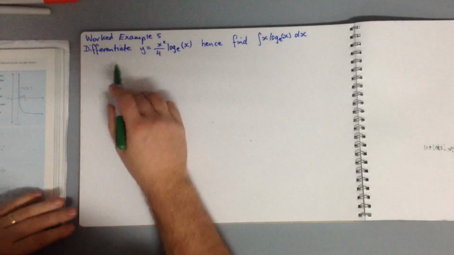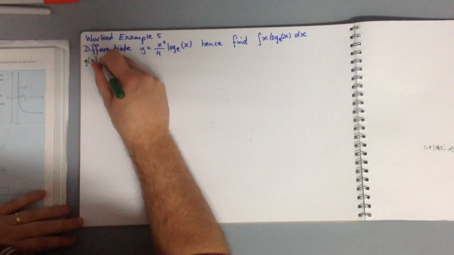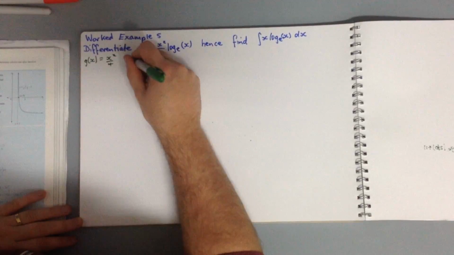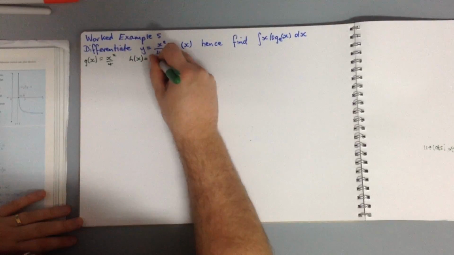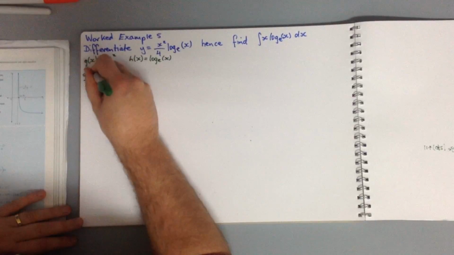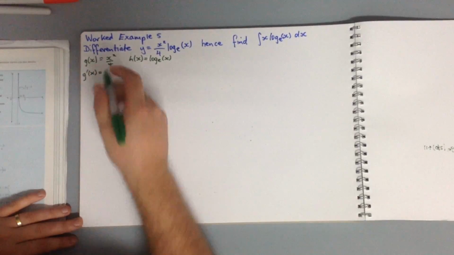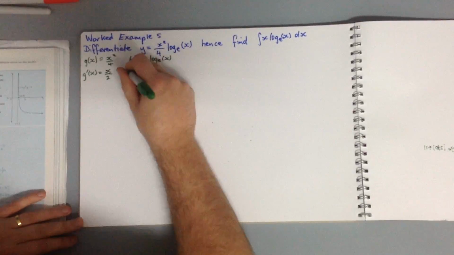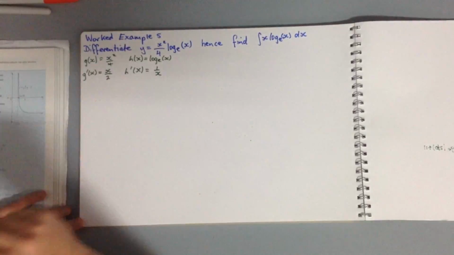So what we need to do is the product rule here. We're going to say g of x is equal to x squared on 4, h of x is equal to log to the base e of x. So g dash of x is going to be 2x on 4, which will just be x on 2, and h dash of x just becomes 1 on x.